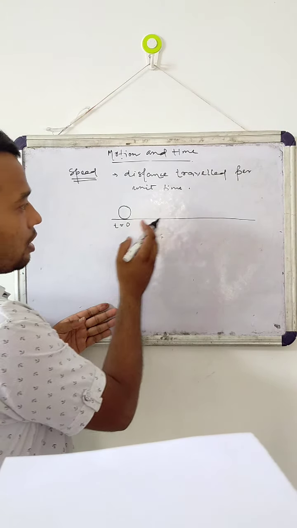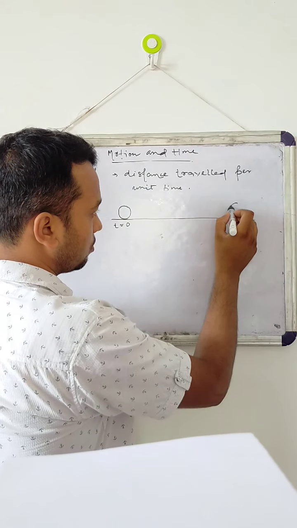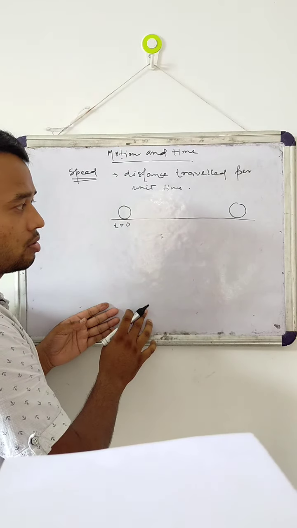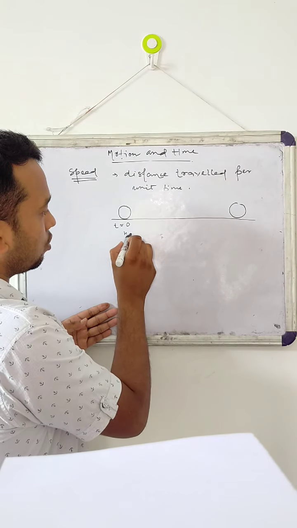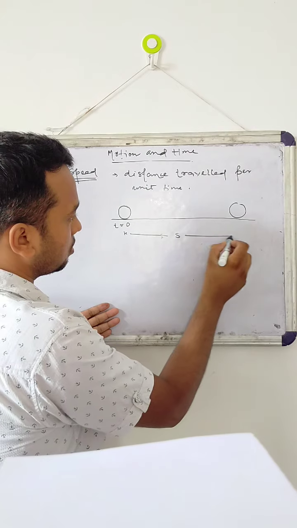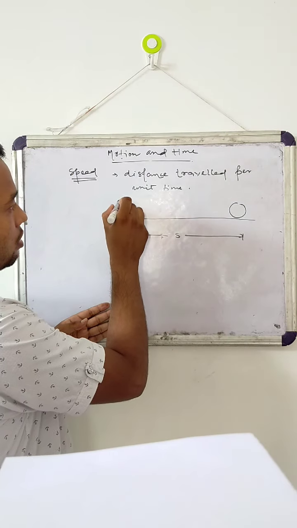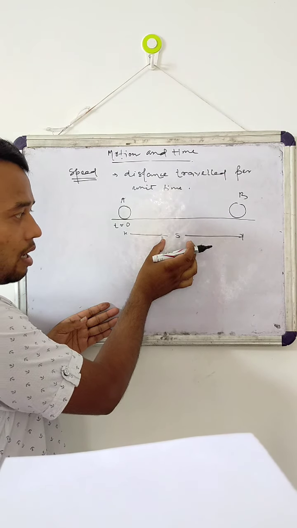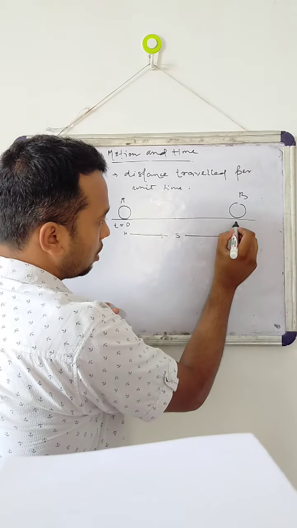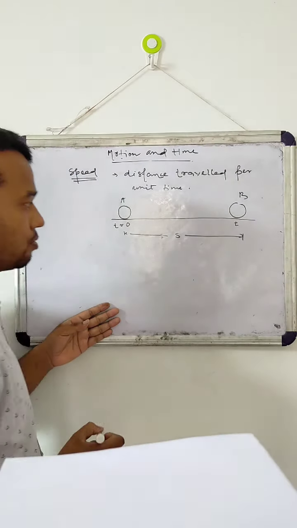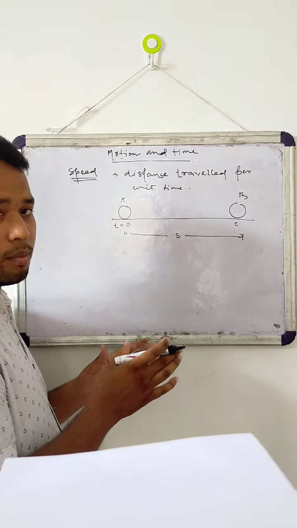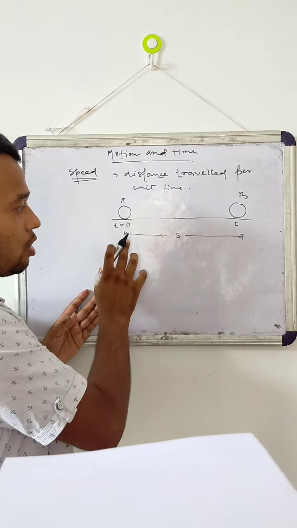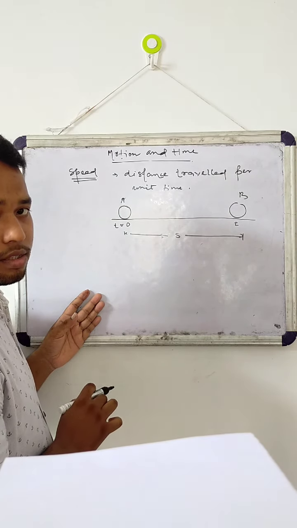Now after traveling a certain distance, suppose the object reaches this position, and this distance we consider as S. From A to B, the distance is S, and at this position suppose time is T. That means in T time the object moves from position A to B and covers a distance of S.